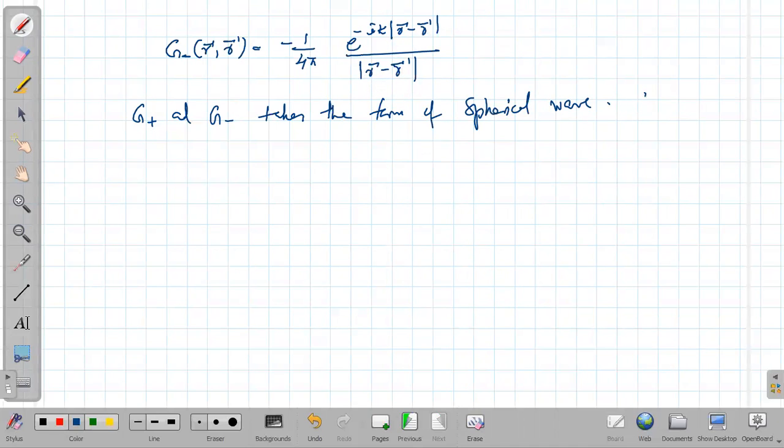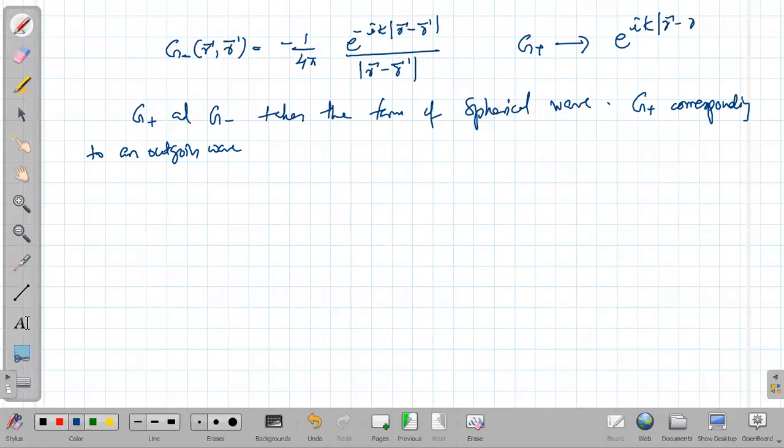So that means G plus corresponds to an outgoing wave.